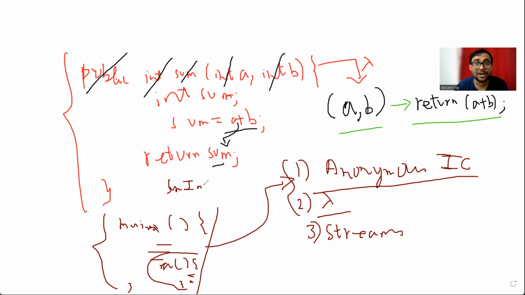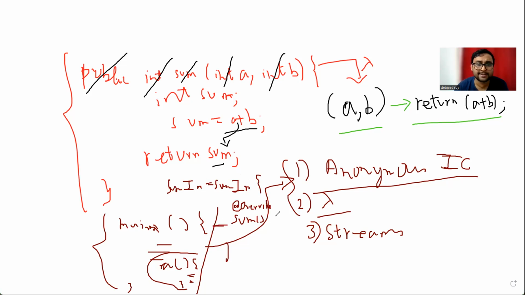So you are creating the object of an interface: SomeInterface equal to new SomeInterface. And then within that, we have to override that one method. What method have you created? The sum method, you have to override here. There will be the annotation @Override here. And then we can call this sum method.